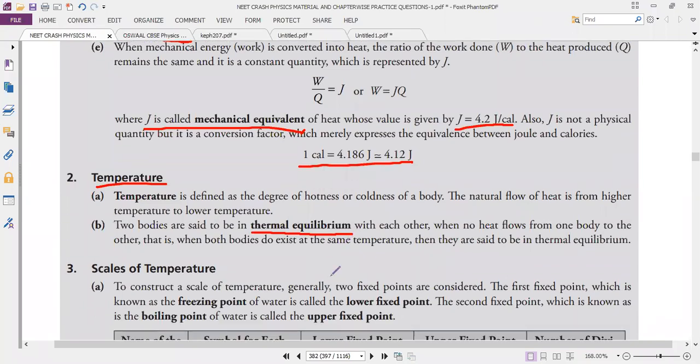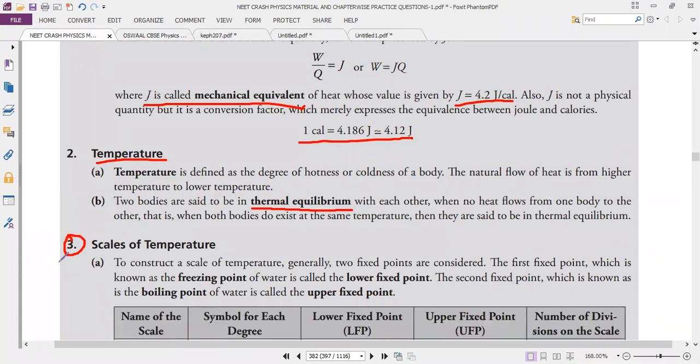The scales. This is important. The scales of temperature: lower fixed point, upper fixed point. We consider water. So for water, lower fixed point 0 degree Celsius, upper fixed point 100 degrees Celsius. Based on that, I will discuss the scales one by one.